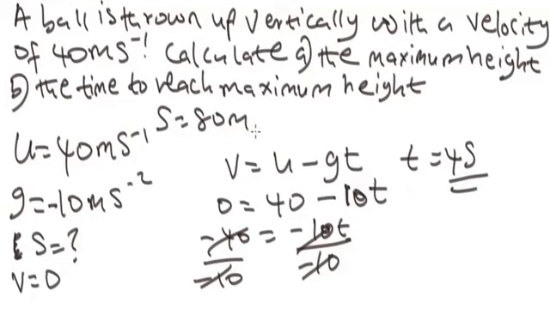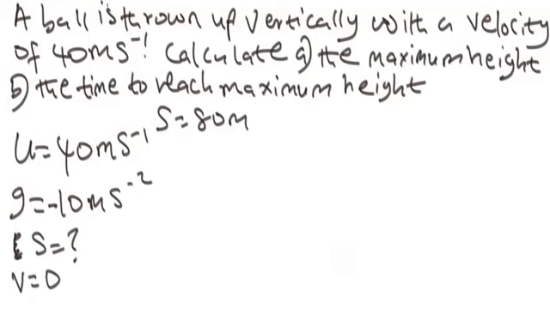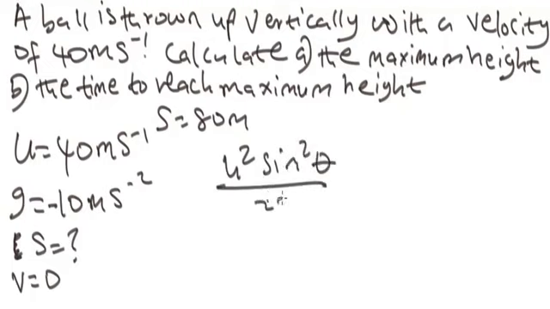Now, this particular question can also be solved using the projectile formula, because it's talking about maximum height and time to reach maximum height. Let me show you how you can also do the projectile. In projectile, to calculate maximum height, use u squared sine squared theta over 2g.